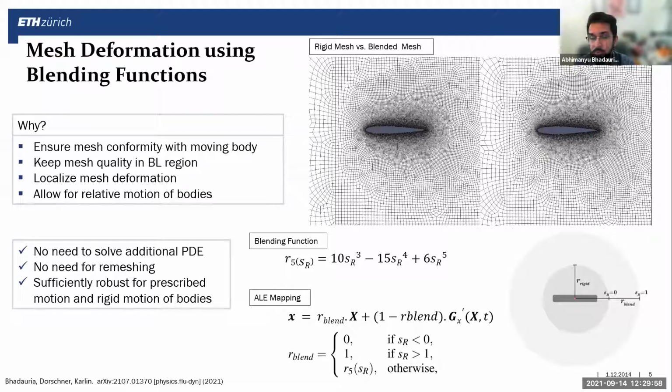Again, using this approach, we don't have to remesh. Since we're doing body conforming mesh, remeshing is extremely expensive and we don't want to go there. So this approach also allows us to get around that. And for all the test cases that we present here, this approach is sufficiently robust and does not lead to any spurious noise in the solution.